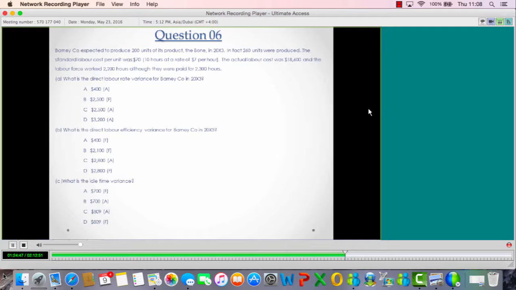On total, how many hours were used as compared to what was budgeted? Yes, exactly. So we are going to see the hours based on the budget as well as the actual.